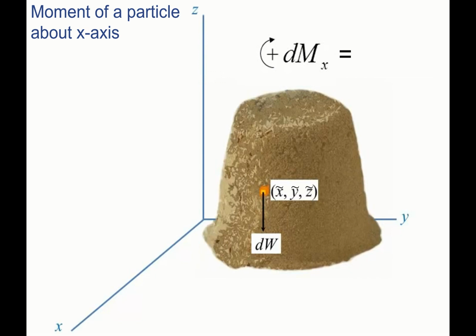So here we have the x, y, z coordinate system. You can see the x-axis, y-axis, and z-axis. We can calculate the moment about the x-axis of this small particle. Like I said, the location of this small particle is x tilde, y tilde, and z tilde, and there is a weight, which is a differential weight. Then what is the moment of this differential weight about the x-axis?